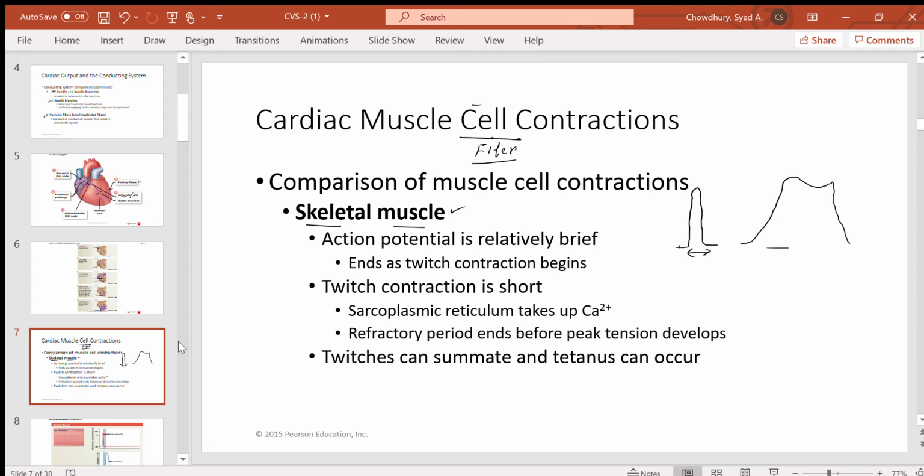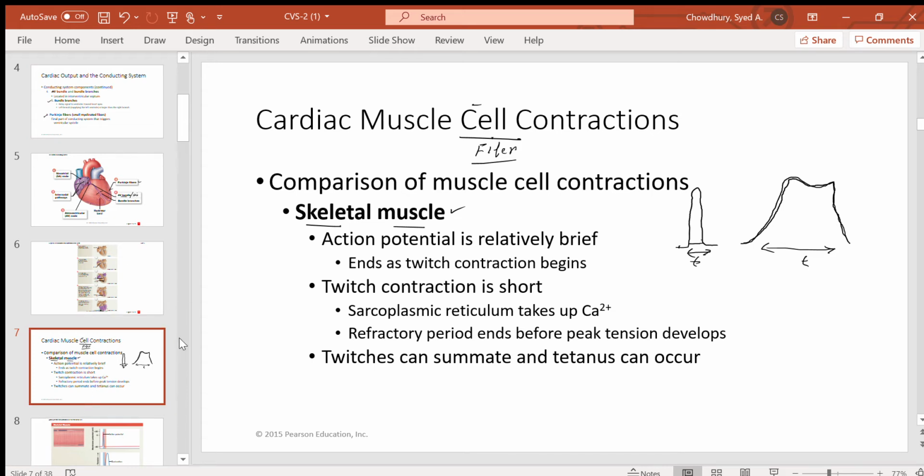So you see the duration is more. This is the time. So skeletal muscle is fast contraction, cardiac muscle takes longer to finish its contraction because blood must get out of the chamber, so it should take some time.